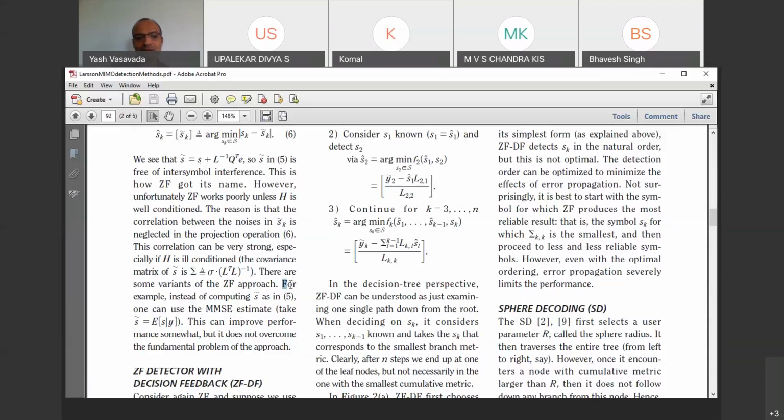And then the author says that instead of doing least squares, we can do MMSE, which is also an algorithm that you are simulating in lab 4. And the author is saying that yes, this will improve the performance a little bit, but maybe not too much.